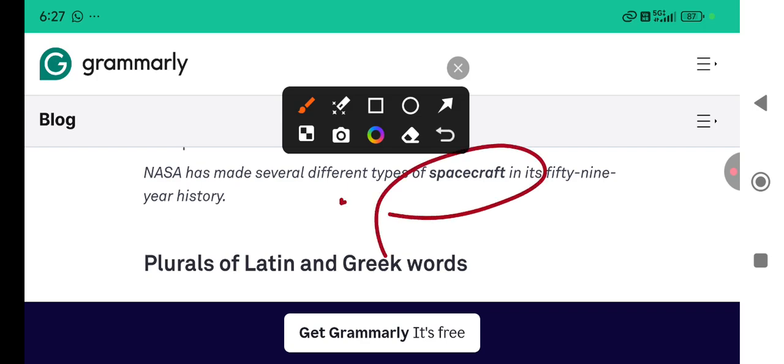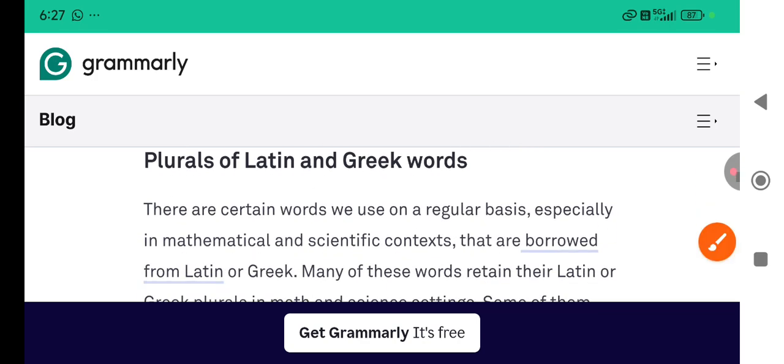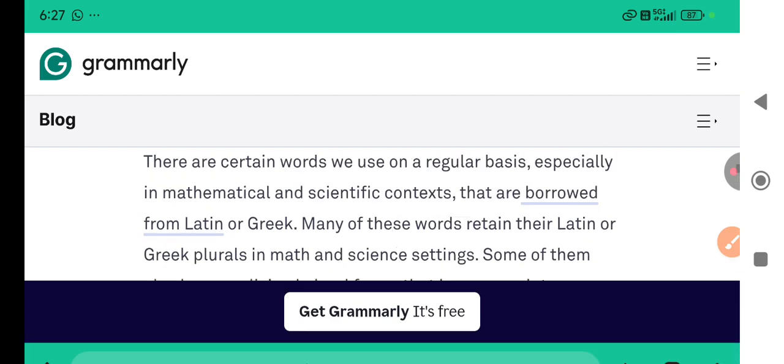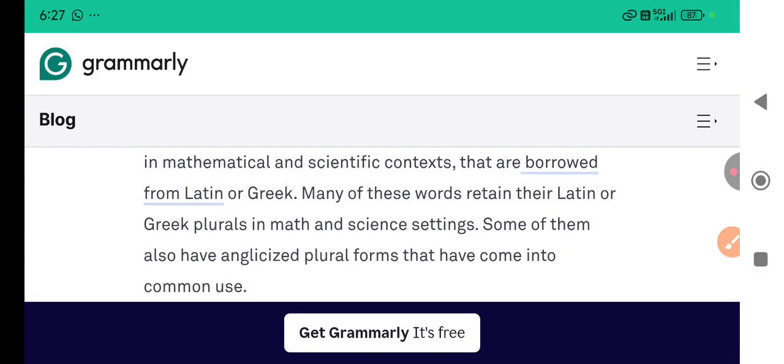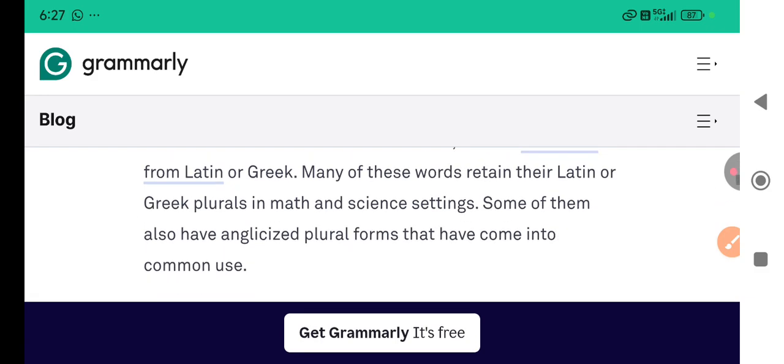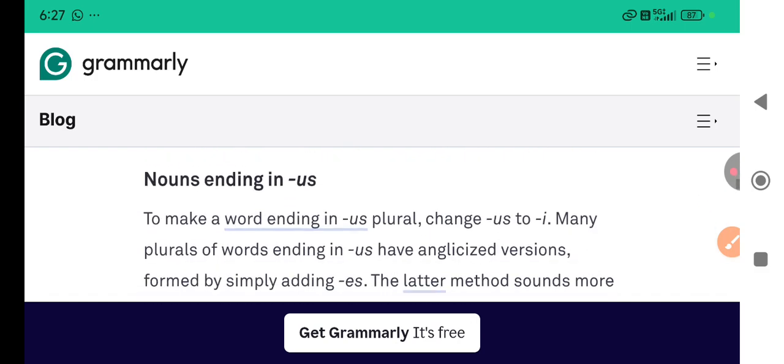Next is plurals of Latin or Greek words. There are certain words we use on a regular basis, especially in maths and science contexts. They are borrowed from Latin and Greek, and many of these words retain their Latin plurals.